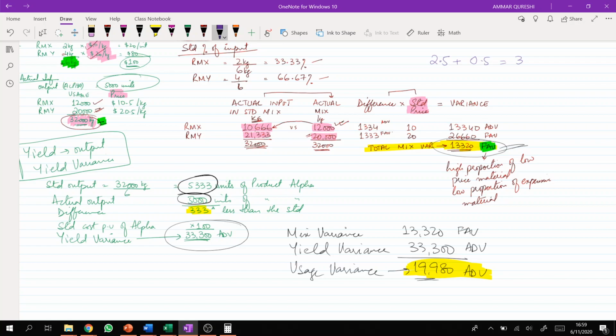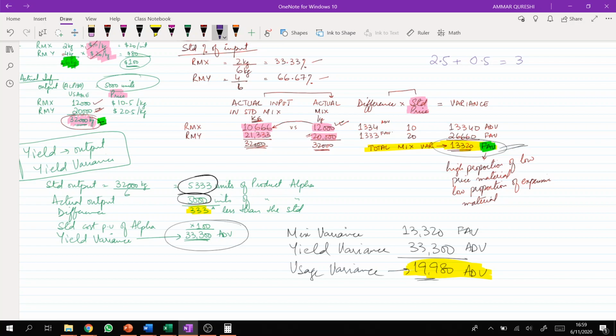Another example is used in the construction industry. Whenever you build any wall or anything, there is a standard proportion of cement and sand.